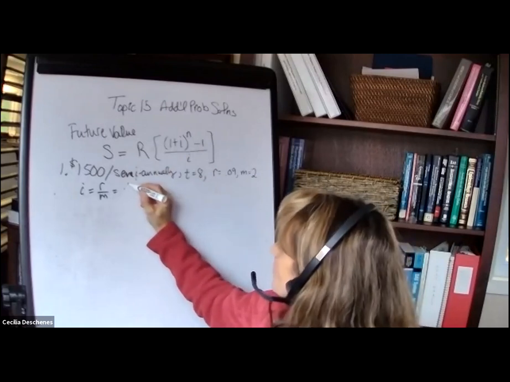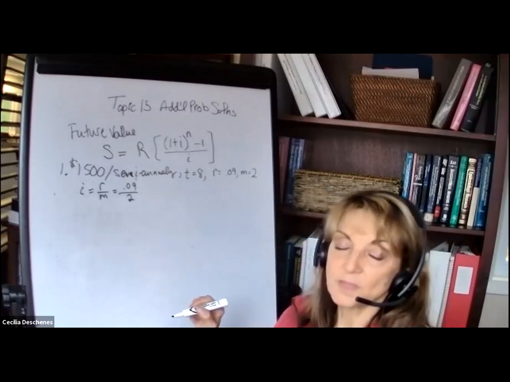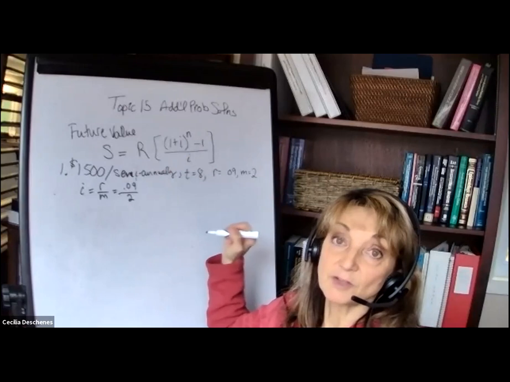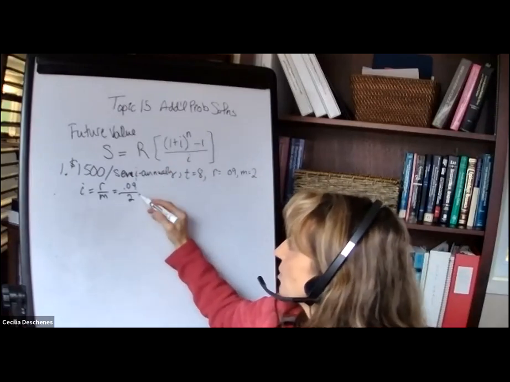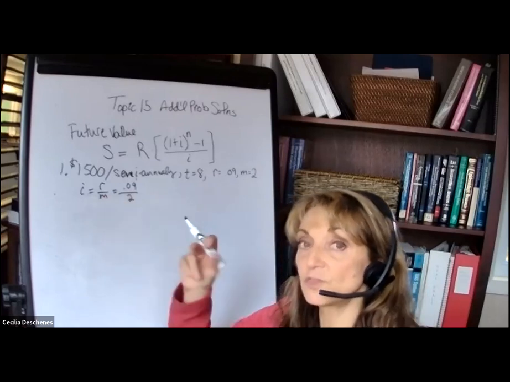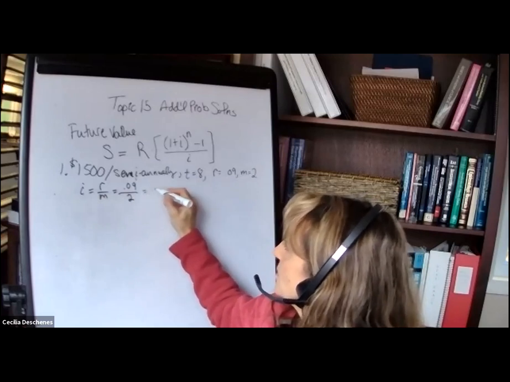For semi-annual compounding, we're going to have 2 conversion periods in a year, so every 6 months. So our little i, the interest rate for that conversion period, is 0.09 divided by 2, or 0.045.